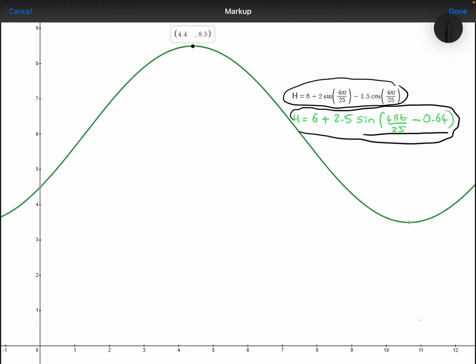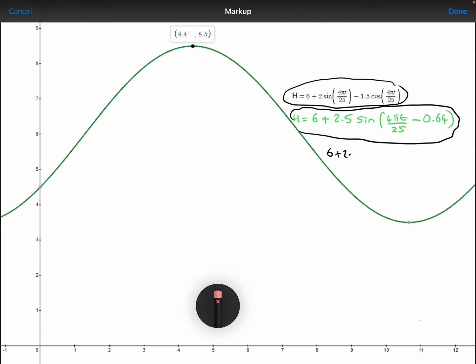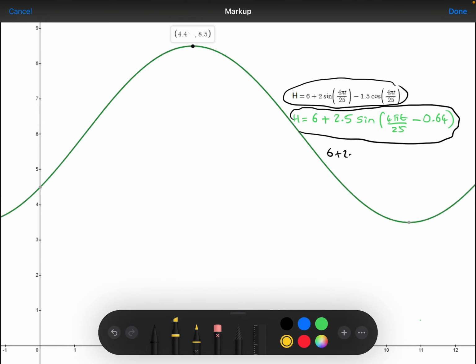So I had 6 plus 2.5 times 1, which gave me the maximum of 8.5, which we can see there. I was then able to find when that occurred because I thought about the inside, and I know that this would equal pi over 2 at a maximum, and then I solved that to get the 4.40.